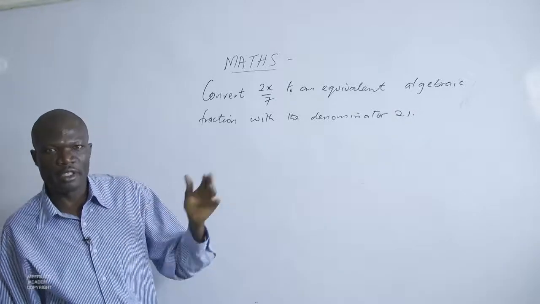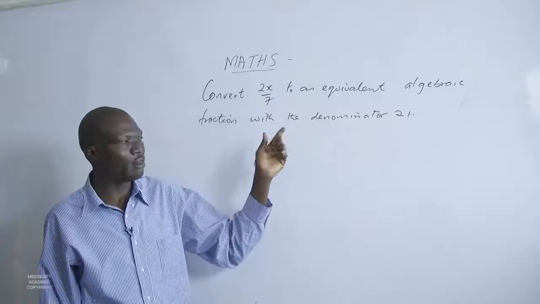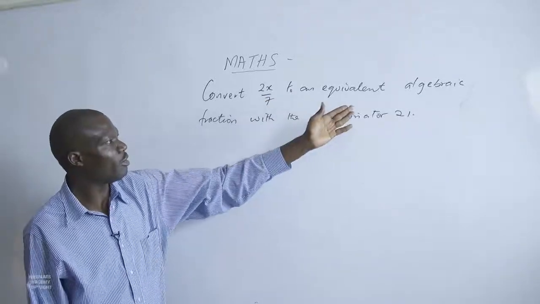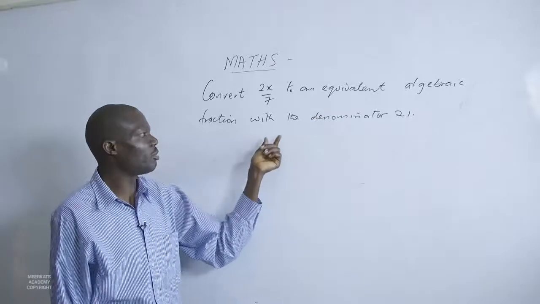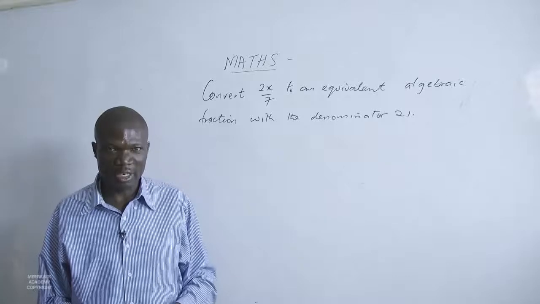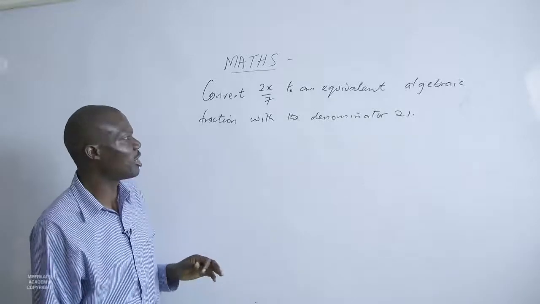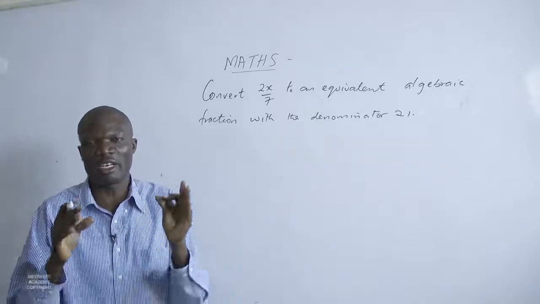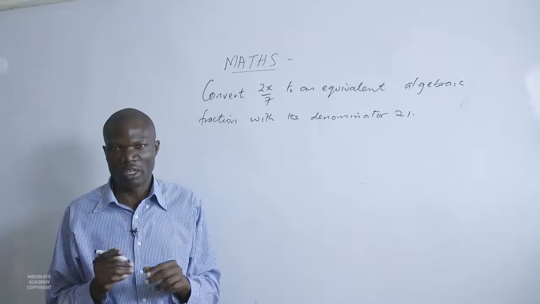The question reads, convert 2x over 7, which is an algebraic fraction, to an equivalent algebraic fraction with a denominator 21. Now, to approach this, we want to come up with an equivalent algebraic fraction.